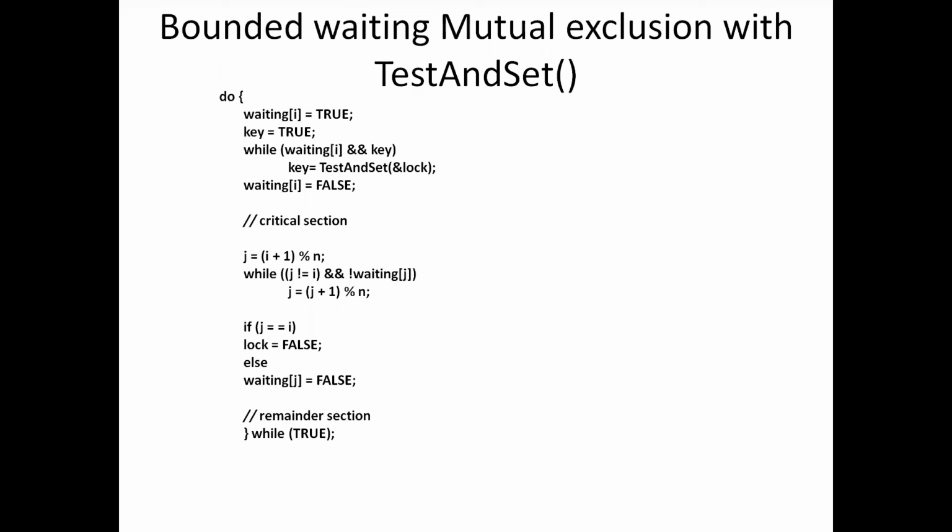Now the j value is 1. J is a local variable. While j not equal to I, that is 1 not equal to 0. This condition is true. And not waiting of j. J is 1.